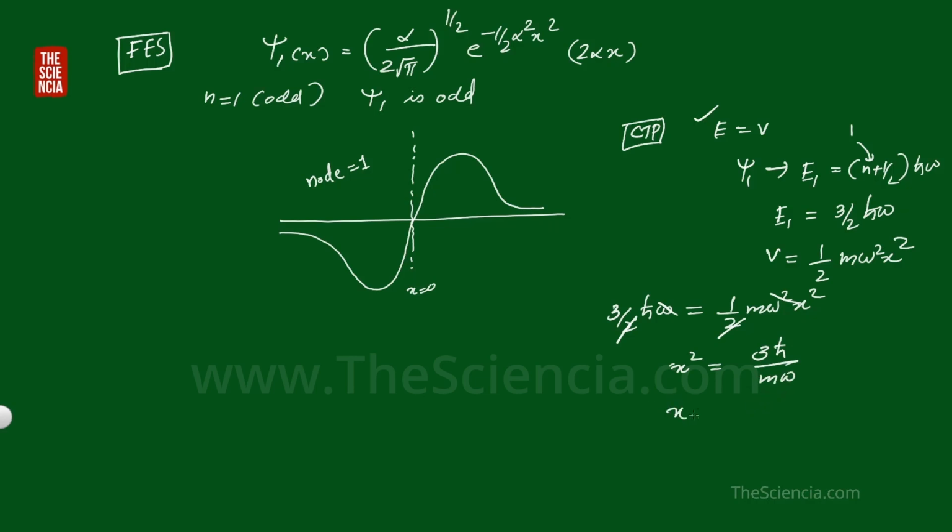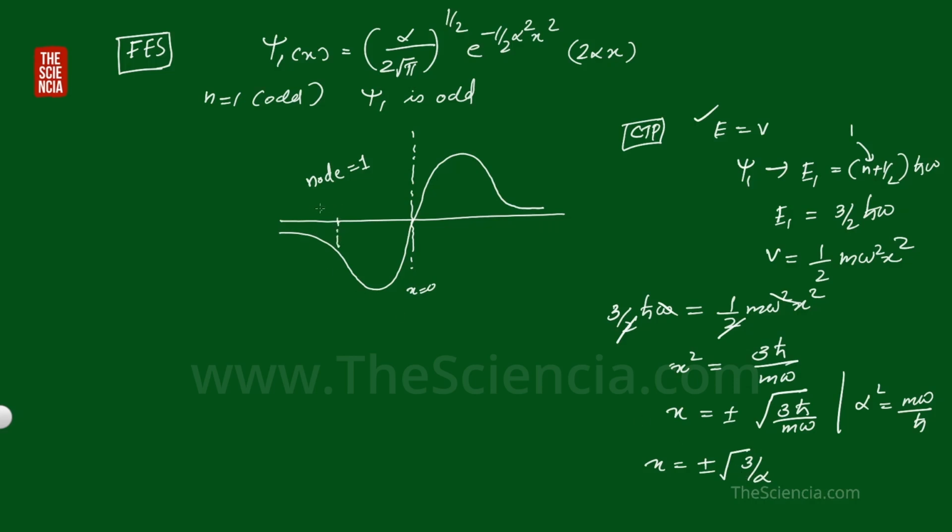So we can find out x, that is plus or minus root 3 h cross by m omega, and we know alpha square is equal to m omega by h cross. Therefore, x can be written as plus or minus root 3 by alpha. So these are the turning points.